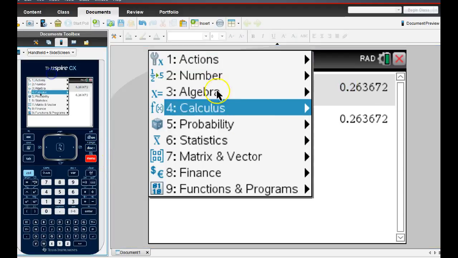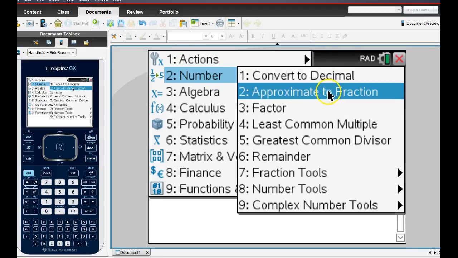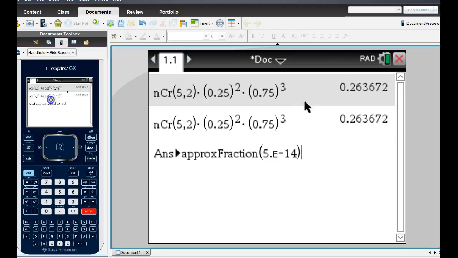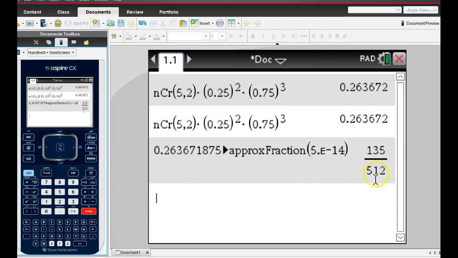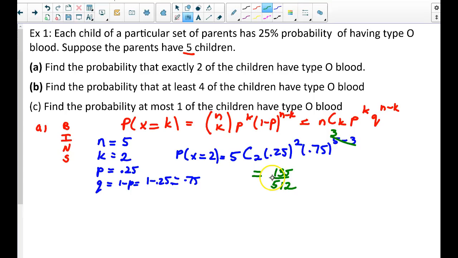Menu, number, approximate to a fraction, and hit enter. And you see that the final answer is 135 over 512. So why don't you put the video on hold, and make sure that everything is in your notes, and I am going to go on to the next question in a second.